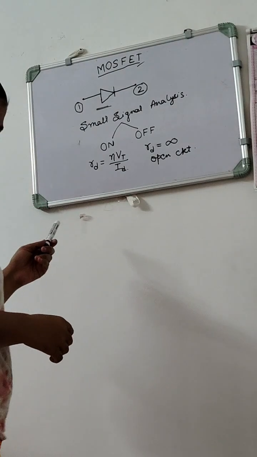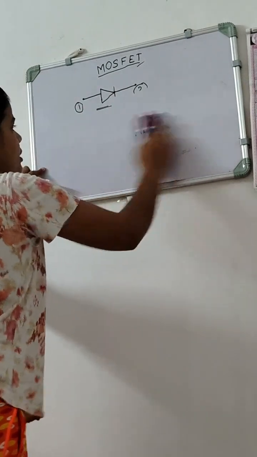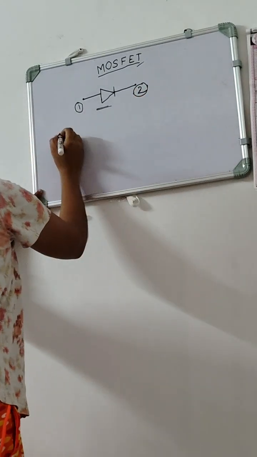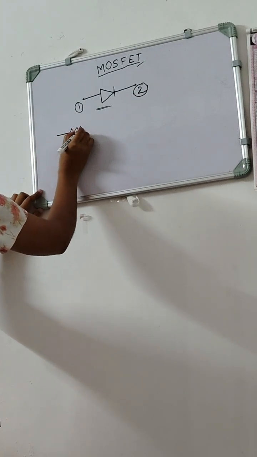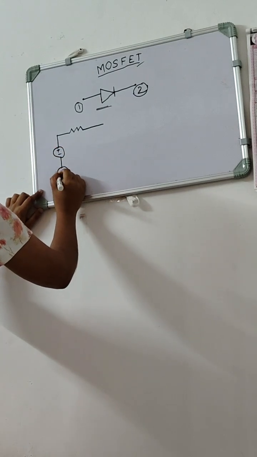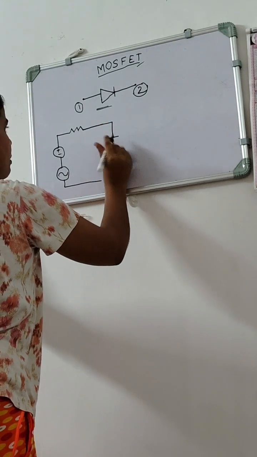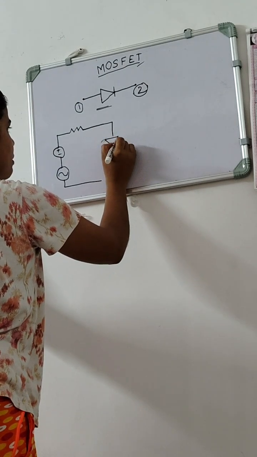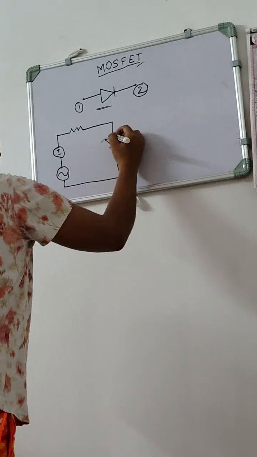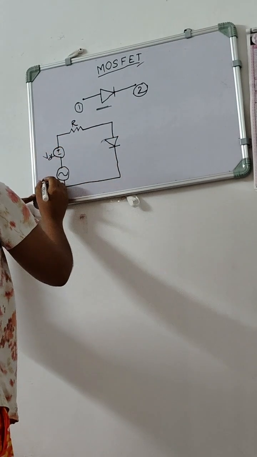So now if we see the circuit like this, this is R, this is VDC, and this is VAC.